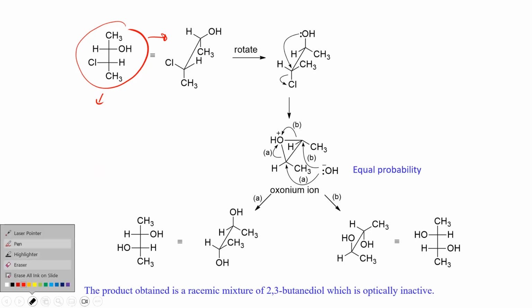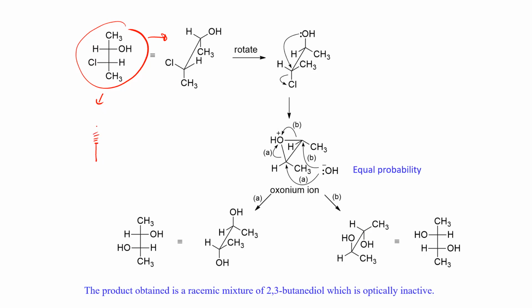Actually, vertical lines are going away from you, and the horizontal ones are coming towards you. Therefore this CH3 and this CH3 are going down, and this OH is coming towards you, and this hydrogen is coming towards you.